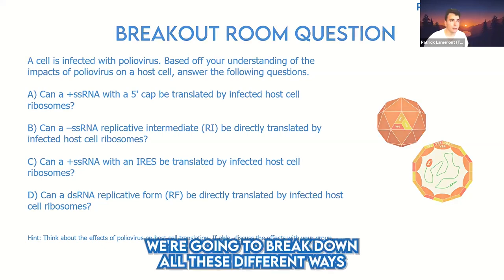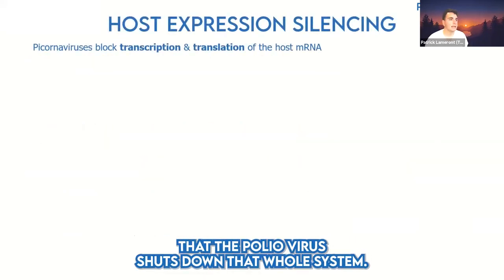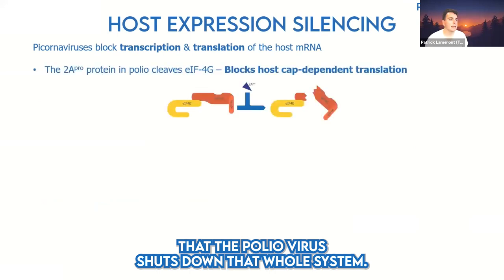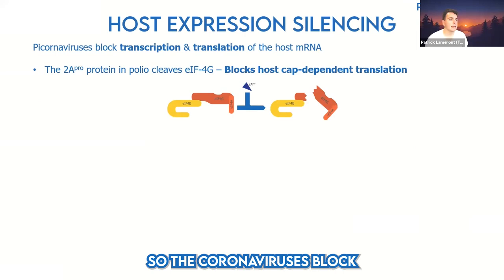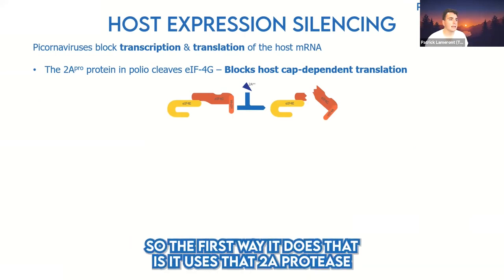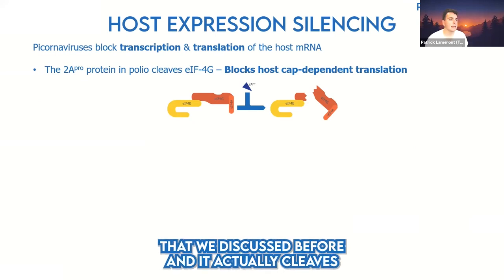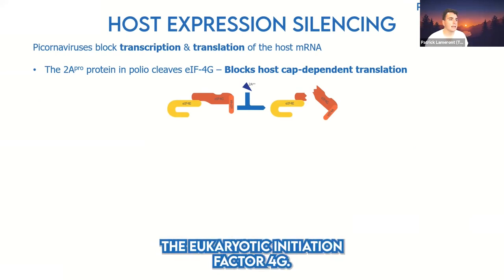So if we go to the next slide, we're going to break down all these different ways that the polio virus shuts down that host system. Picornaviruses block transcription and translation of the host RNA. The first way it does that is it uses that 2A protease that we discussed before, and it cleaves the eukaryotic initiation factor 4G.